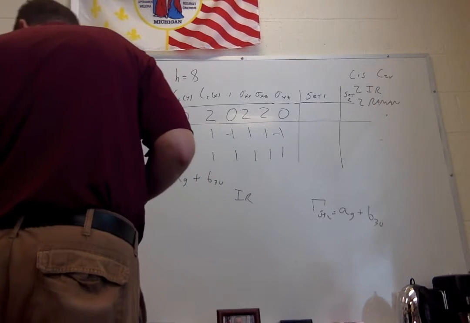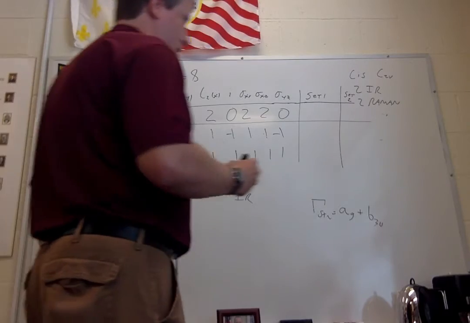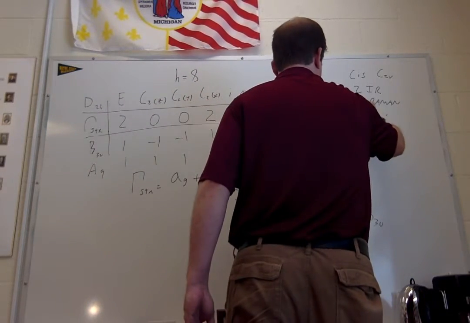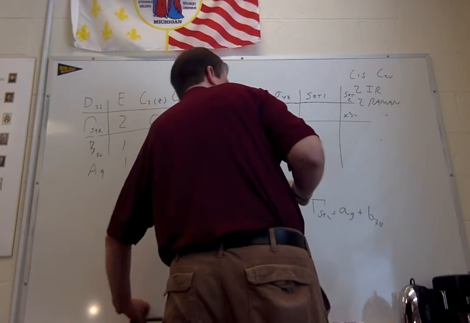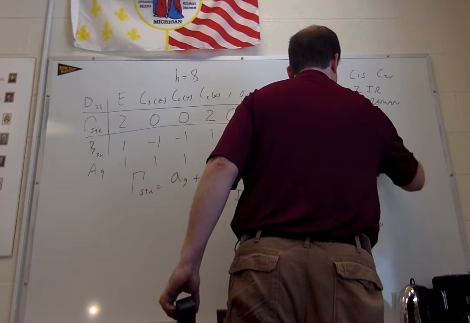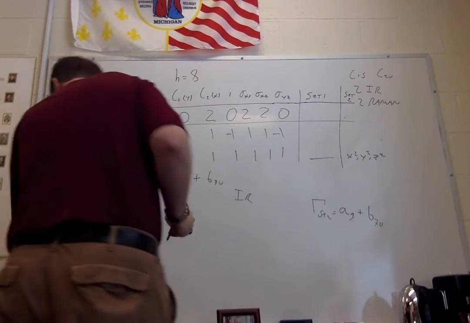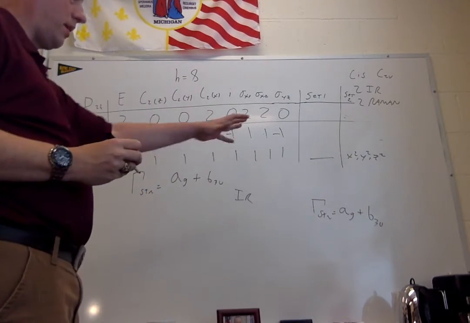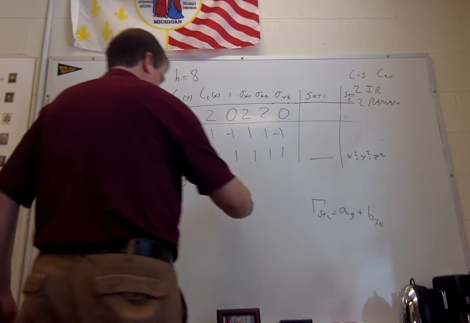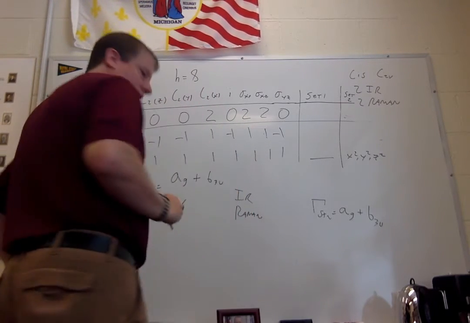In set 2, however, what I see is x squared, y squared, z squared. So there's nothing in set 1, but there is something in set 2, and so this is Raman active.